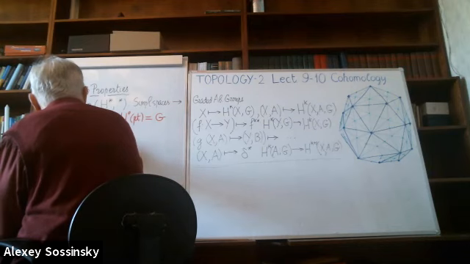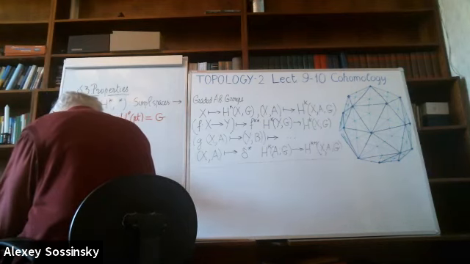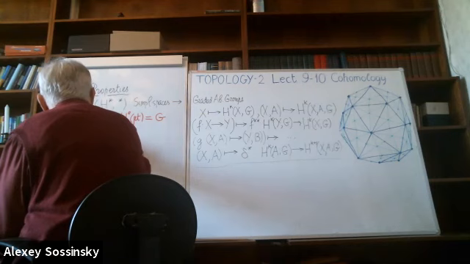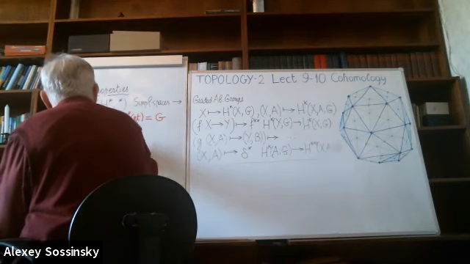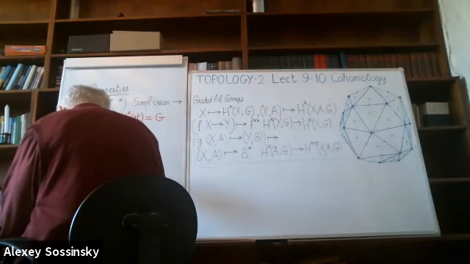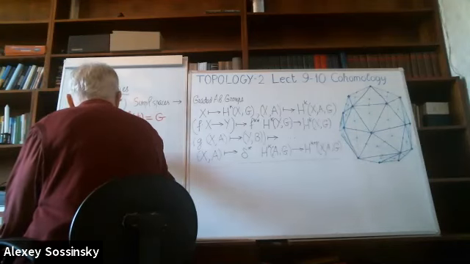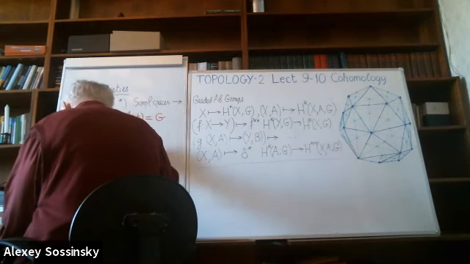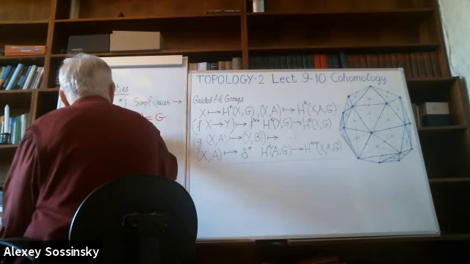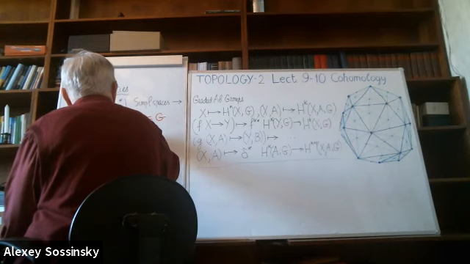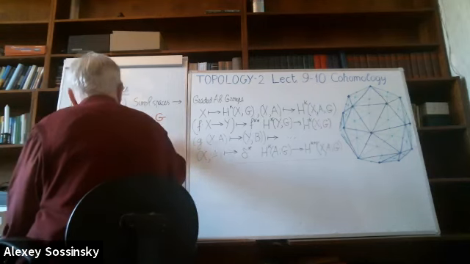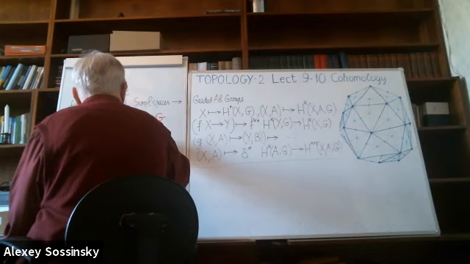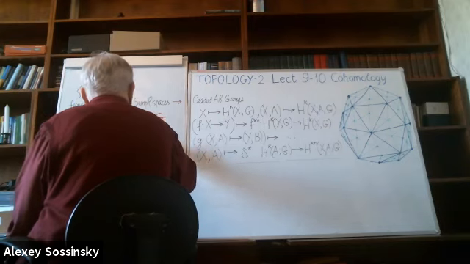H^k of (X, A), which, as we know, if we have a map f of pairs, this is mapped by f^k to H^k of (Y, B).